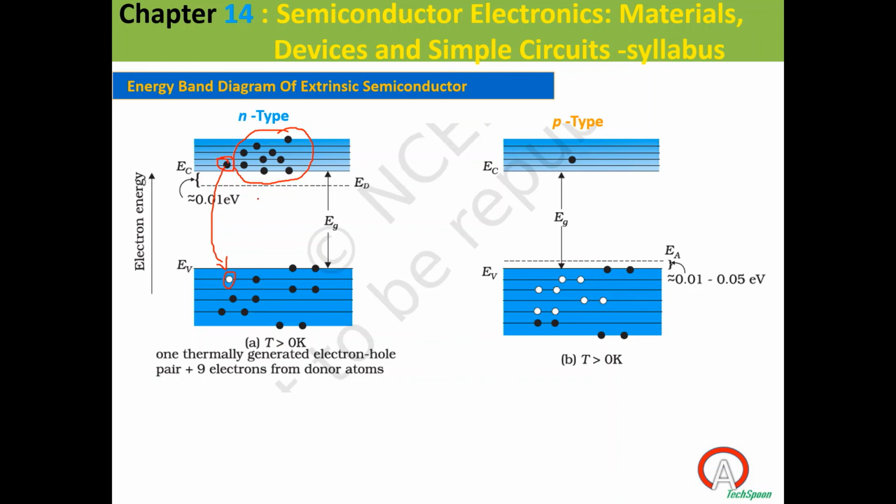Suppose I add 9 arsenic atoms as an impurity. So there will be 9 electrons already, generated by the pentavalent atoms. Already they are free in the conduction band. And 1 electron will be from thermal excitation. That's why the number of holes in the valence band is less and the number of electrons in the conduction band is higher. Clear? In the case of n-type.